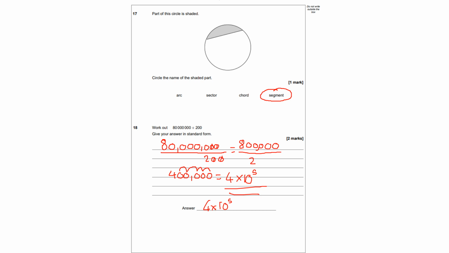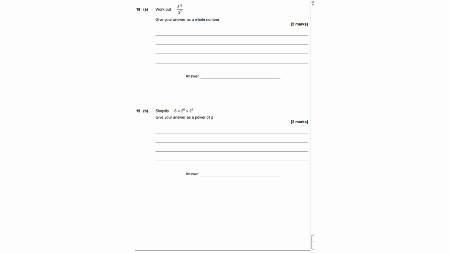Okay, let's go to the next one. This next question says, work out 3 to the power of 12 divided by 3 to the power of 7. So your rules for this, I'll just use this to the side. If you've got the same base, so the base is the 3 in this case, if you've got x to the power of a divided by x to the power of b, that is equal to x to the power of a minus b.